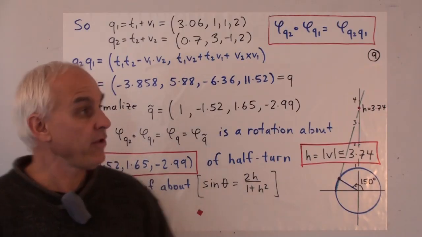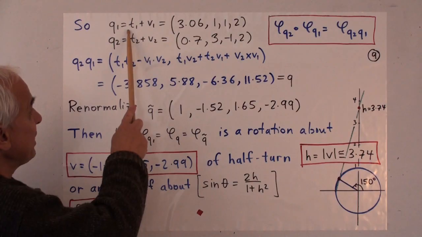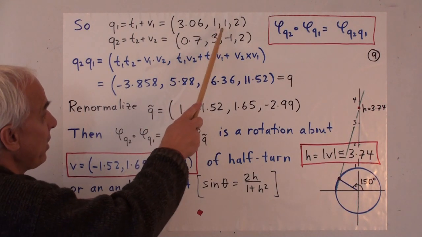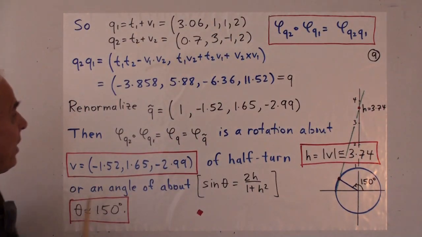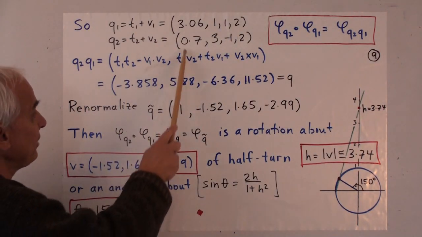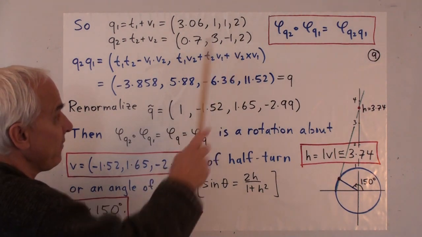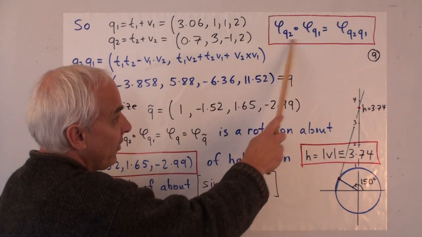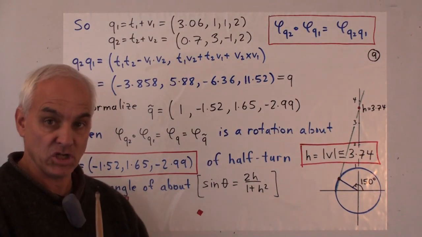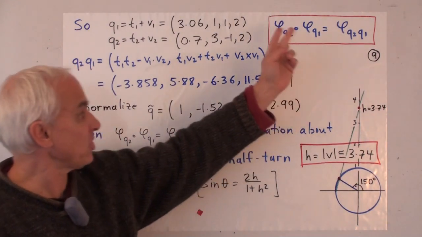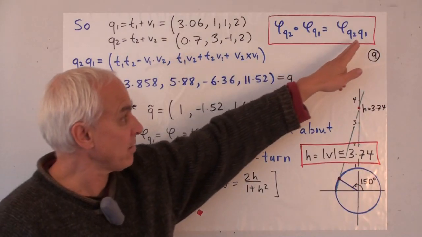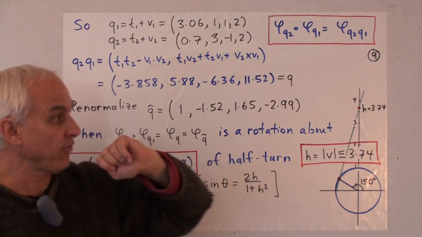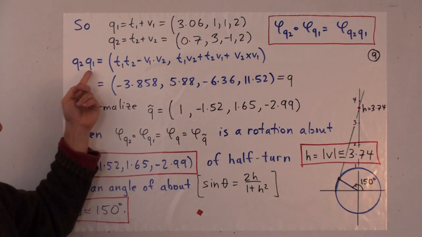Okay, so the two quaternions that we found, first one was t1 plus v1, so there's the t1 and there's the v components. And the second one, t2 plus v2, there was the t2 we found and there were the vector components. There's the formula that tells us that to compute the composition, where we perform that rotation followed by that rotation, we need to compute the product of the quaternions, with the q2 first and then q1.